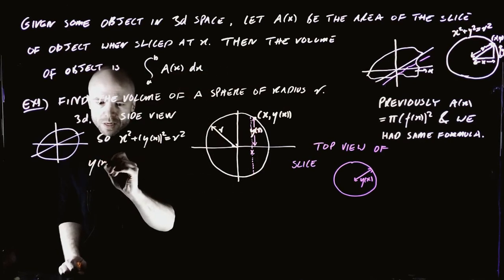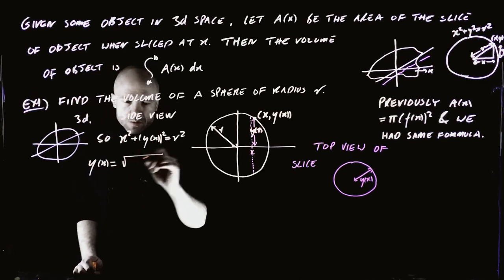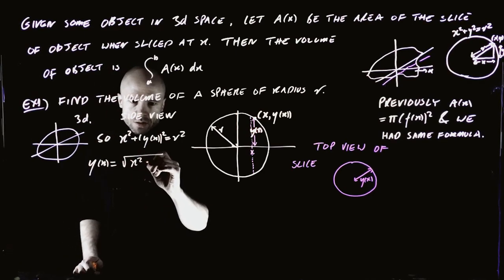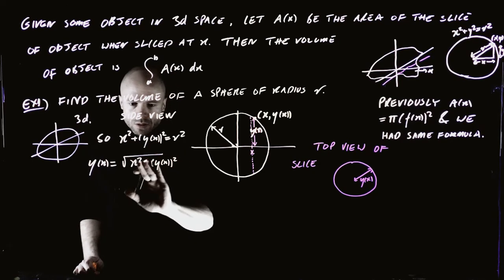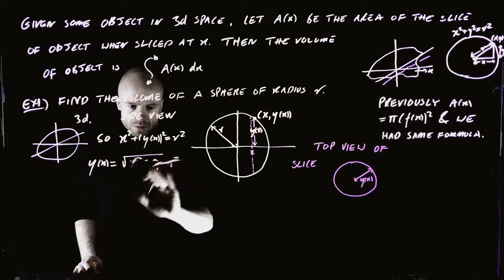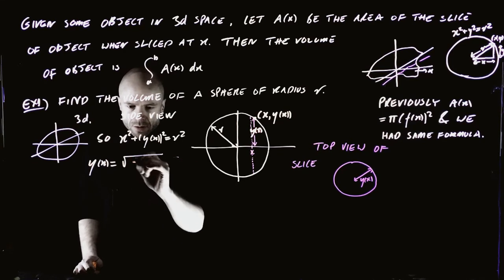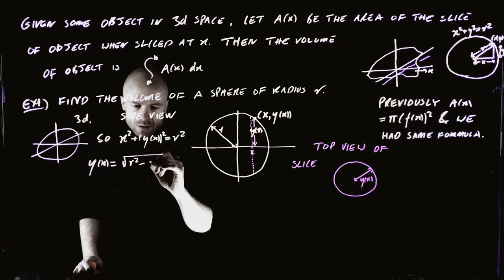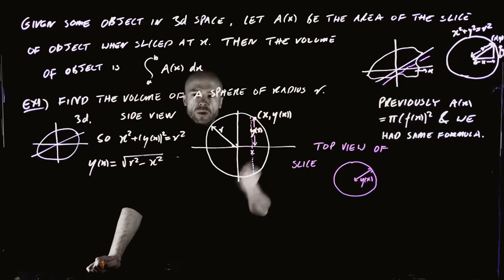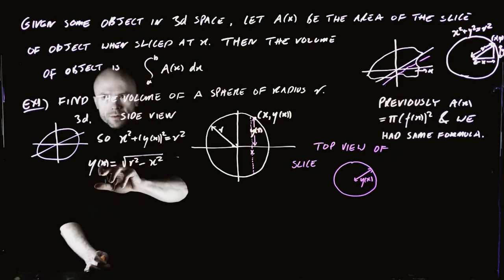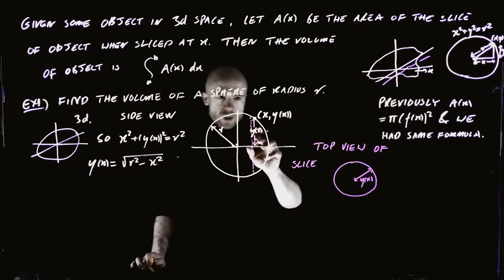We have y of x equals the square root of x squared minus y of x squared. Sorry, I totally made a nonsense there. Let's do that properly. This is the square root of r squared minus x squared. Yeah? Cool. So then we have the explicit expression for what this y is in terms of x.